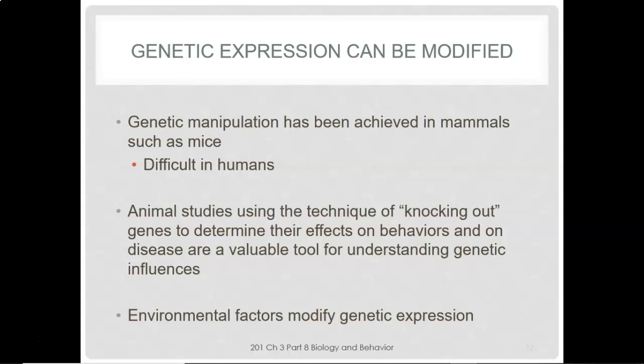And this gives us a huge amount of information about genetic influence. At the beginning of this chapter, or last chapter, you watched a video on epigenetics, and they showed you two mouse groups, and they had done knockout breeding.